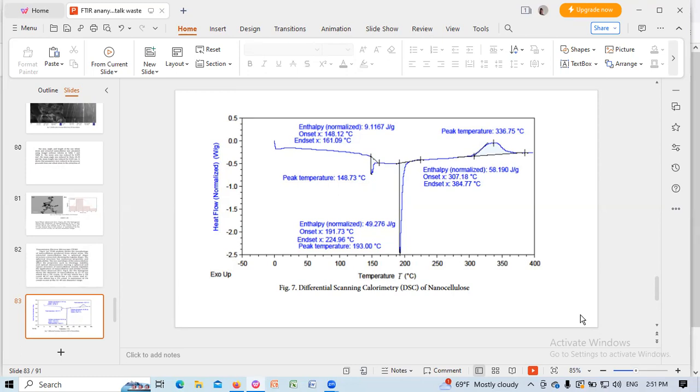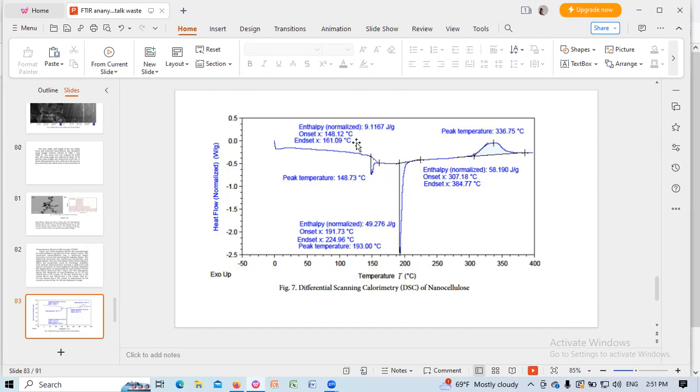The endothermic peak was observed at 148, having the enthalpy 9.1167 joule per gram.